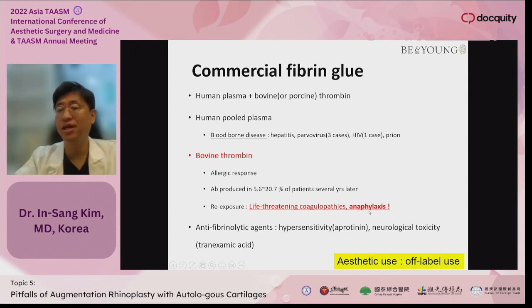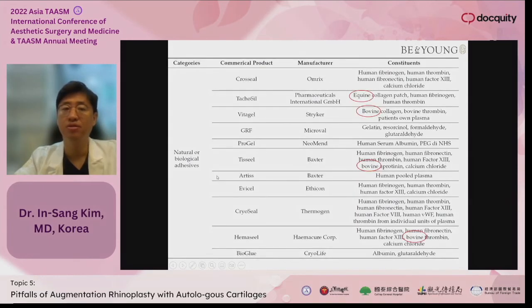Actually, I had a case of anaphylaxis in my patients. And there are some minor agents inside causing hypersensitivity and toxicity. So actually, aesthetic use is off-label. There are many commercial fibrin glues, with equine and bovine products inside.